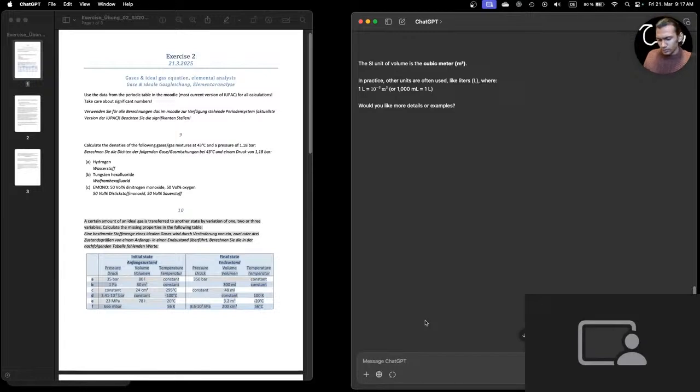So if we plug all that into the equation, it's going to be 35 by 350 into 80 into 10 raised to minus 3, which gives 8 into 10 raised to minus 3 cubic meters.